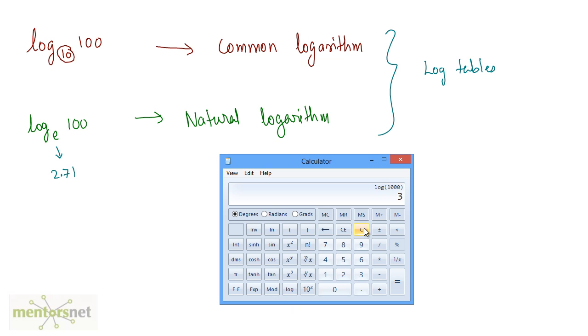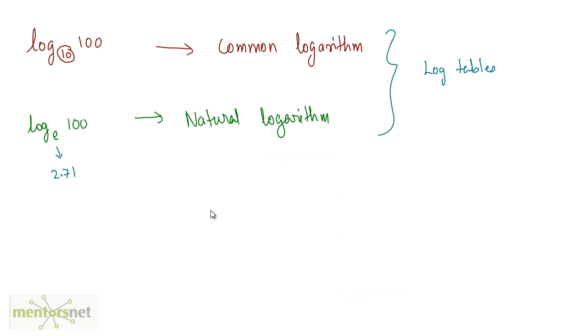So it does give me 3. But if I calculate the natural log of 1000, it gives me something else. It gives me 6.90, because 2.71 raised to 6.90 gives me 1000. I hope you got the difference between these two types of logarithms. Of course, we can have a logarithm with any base.